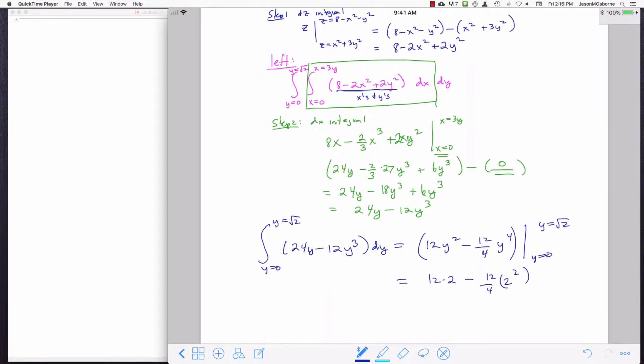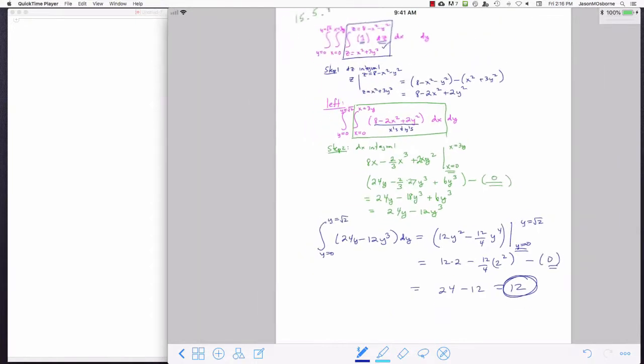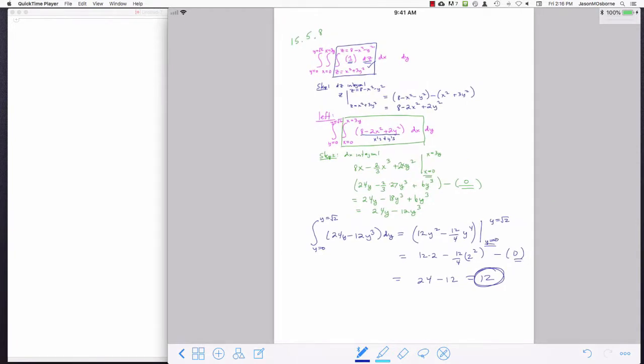And then they both have 0 in them, so when you evaluate the bottom limit, you get a 0. And so what do we get? 24 minus 12, which is 12. And I'm hoping the answer to this triple integral is equal to 12.